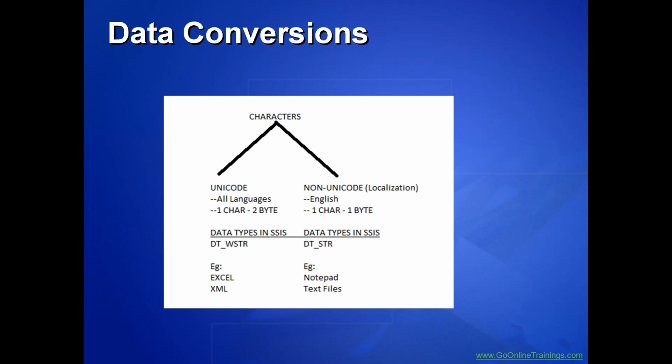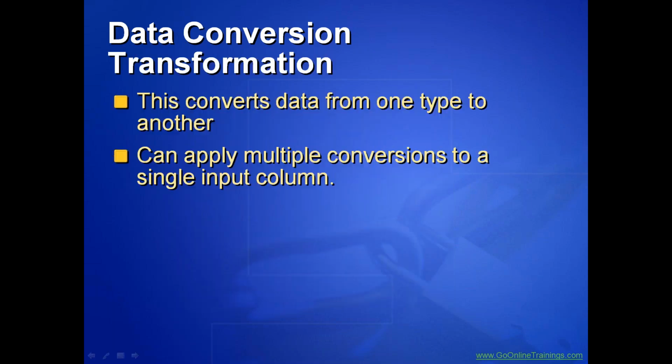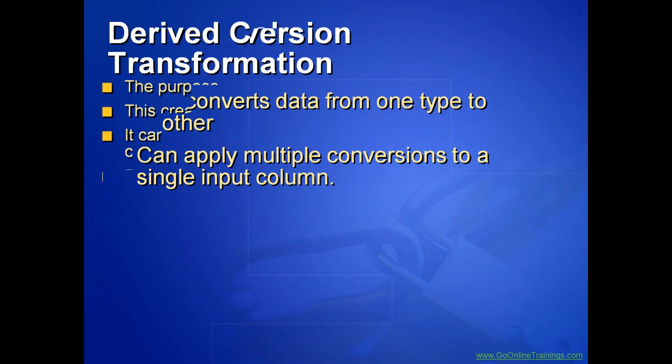Not everybody necessarily knows English. People have their own languages. Clear? So Excel data you cannot directly dump into Notepad, and Notepad data you cannot dump into Excel. It is going to fail, because DT_STR data has to be converted to DT_WSTR. For that purpose we use the data conversion transformation. This converts data from one type to another, and can apply multiple conversions to a single input column. Clear? We will do a couple of demos tomorrow so that you understand.